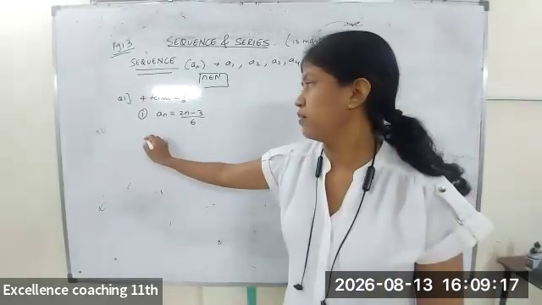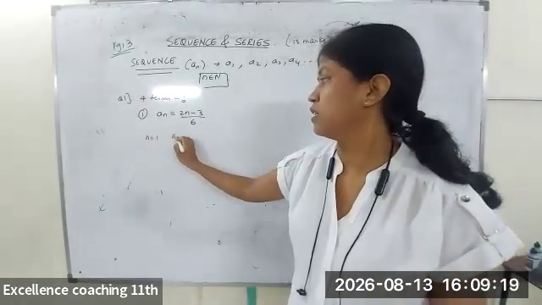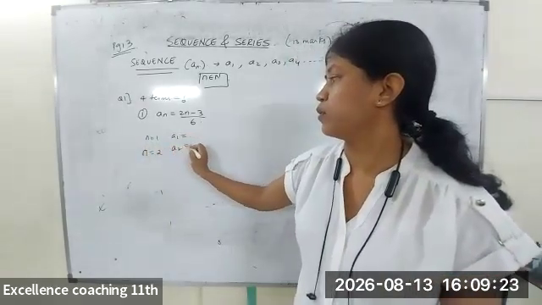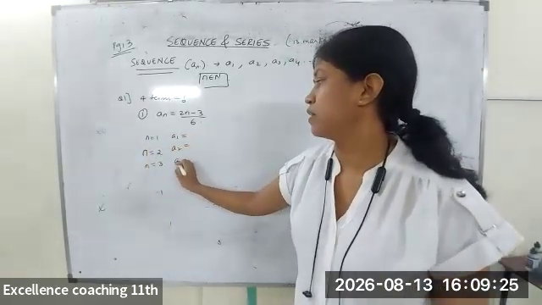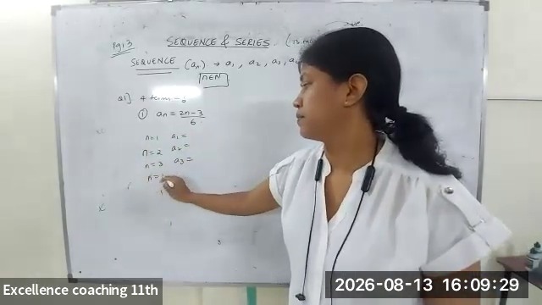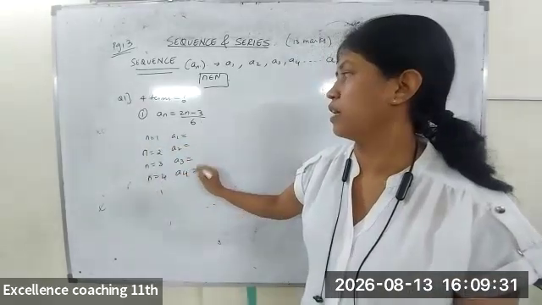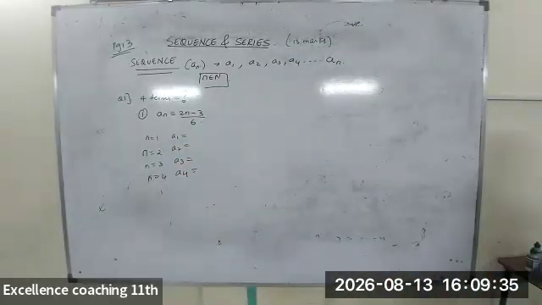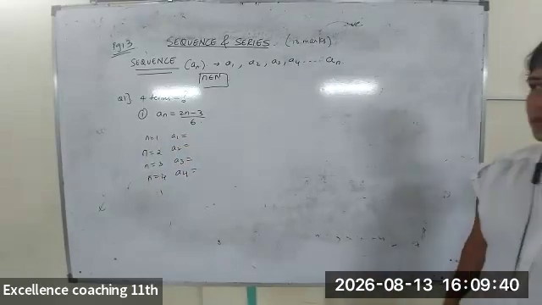So start putting n as 1 first, calculate a1. Put n as 2, calculate a2. N is 3. Last is a4. Calculate the right answers. So a sequence is nothing but just putting the value of n as natural numbers.